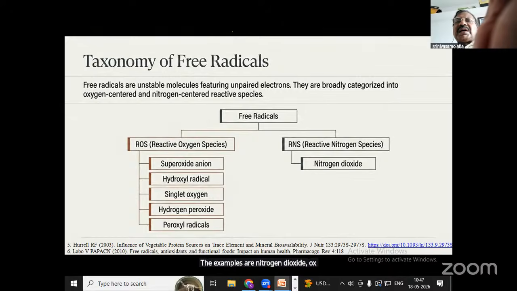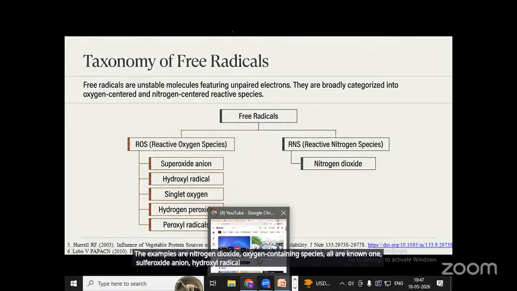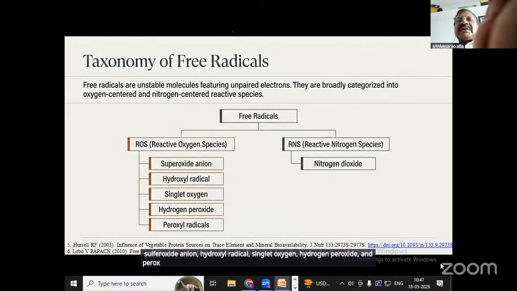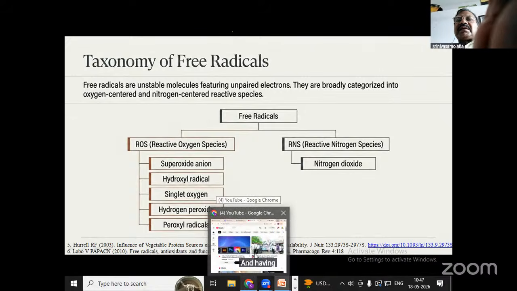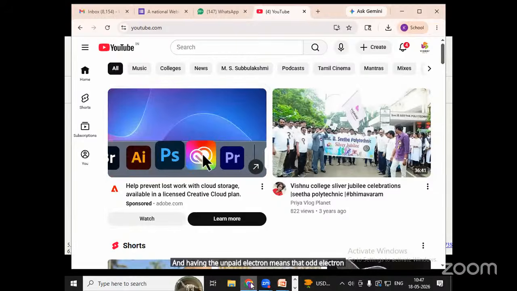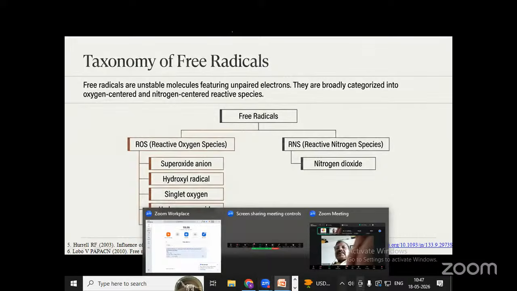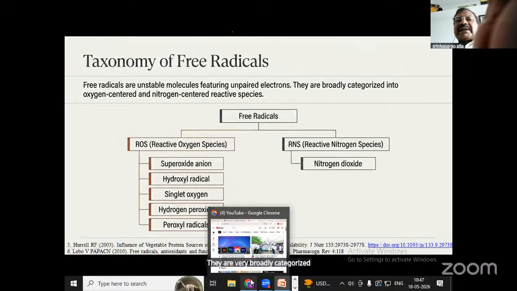The oxygen-containing species, all known ones, are superoxide anion, hydroxyl radical, singlet oxygen, hydrogen peroxide, and peroxyl radicals. These radicals are unstable molecules having an unpaired electron, that is, an odd electron. Thereby they are broadly categorized into two categories.